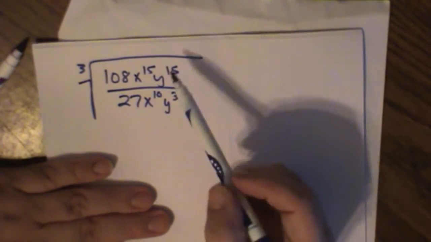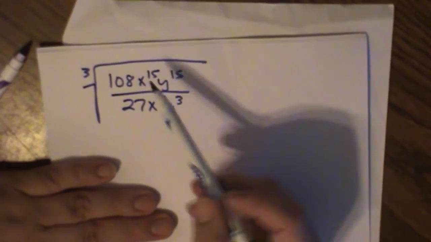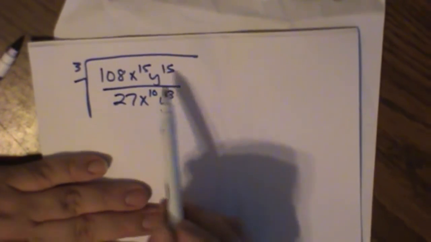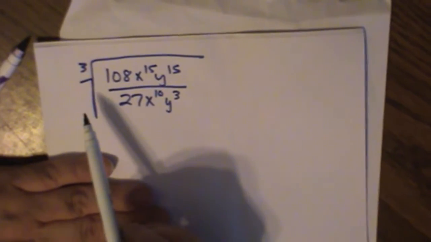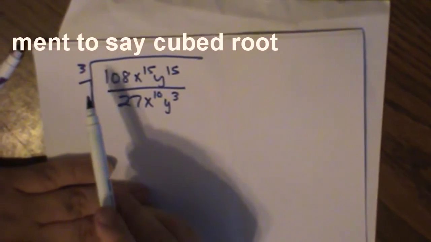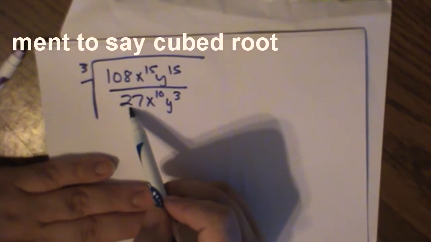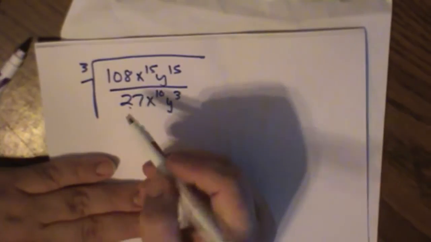Now, when you have a fraction inside of a root, you can reduce as much as you can inside before you try to take the root. So this is what we're going to do. 27 actually goes into 108 4 times.